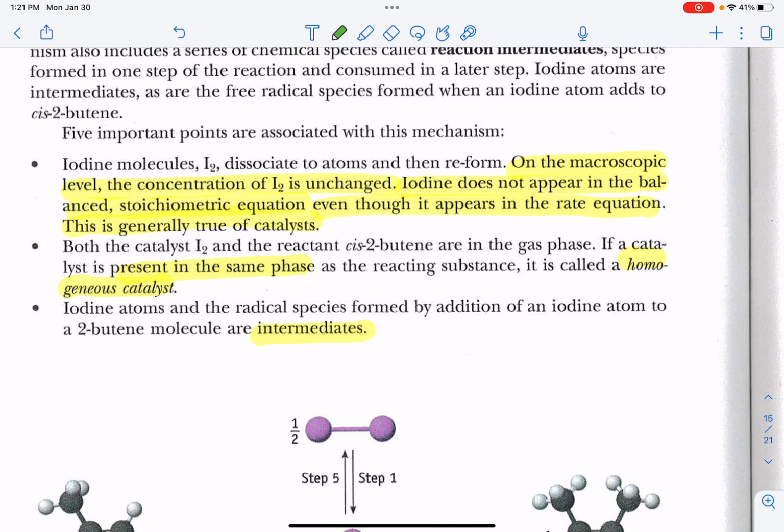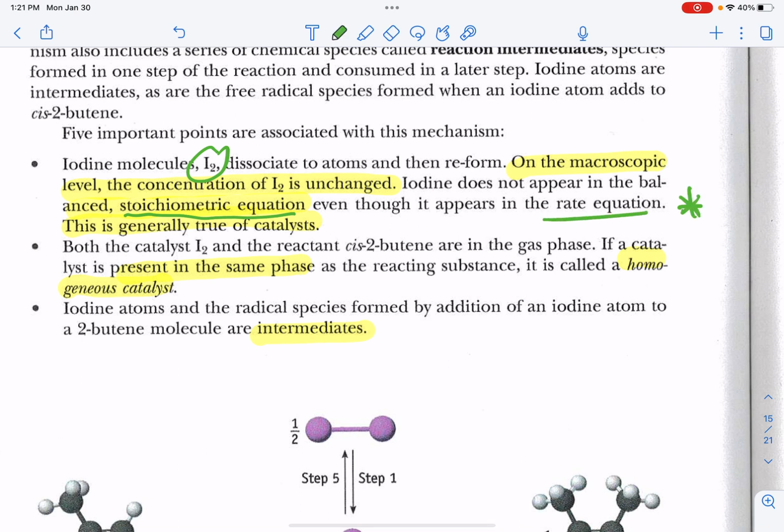And the reaction that they're talking about in this example uses iodine as a catalyst. Now, remember, catalysts don't show up in your stoichiometry. It does not appear when you write your balanced equation of reactants turning into products, but it does appear in the rate equation.